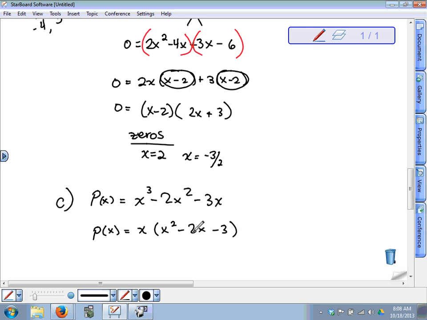Yep. We factored out an x. That left us with a quadratic expression right here. X squared minus 2x minus 3. Yep. Set it equal to 0, and then at the same time, let's factor that quadratic expression. X squared minus 2x minus 3 factors quite nicely.